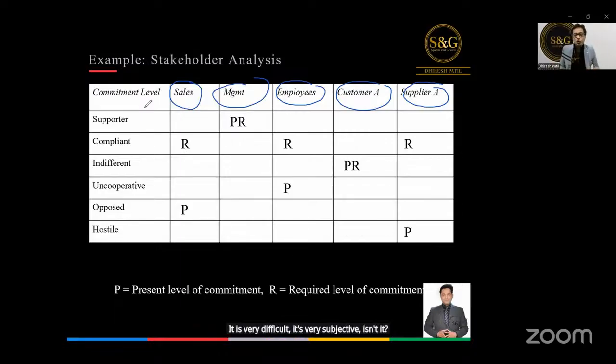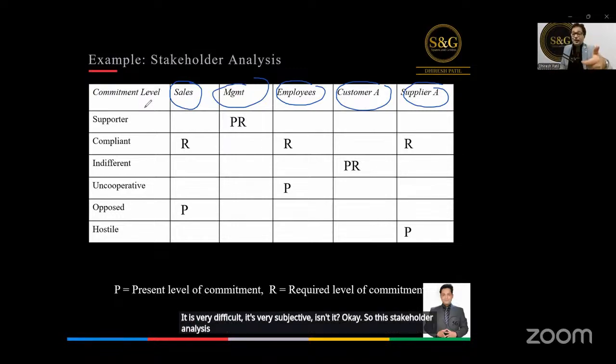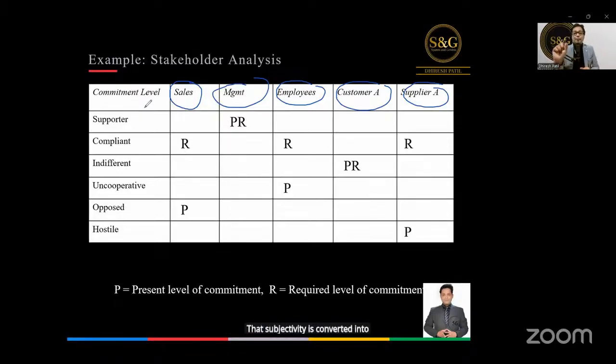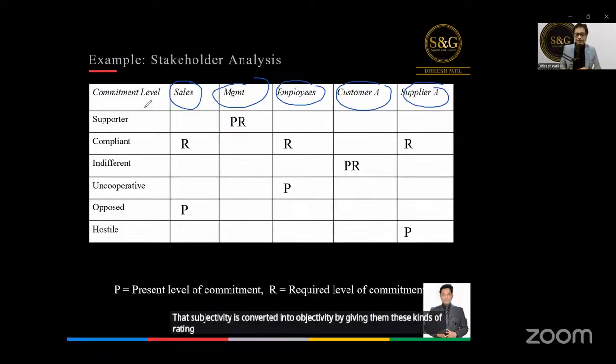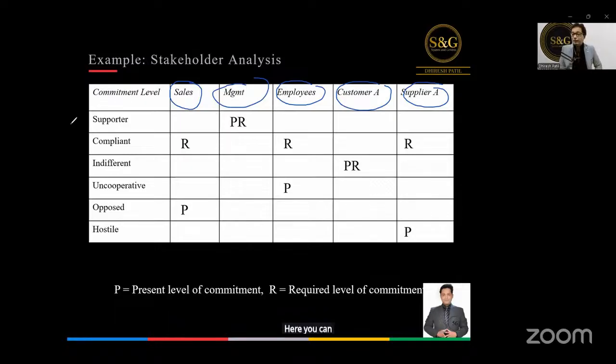Stakeholder analysis makes it objective. That subjectivity is converted into objectivity by giving them ratings. Here you can see we have ratings like supporter, compliant, indifferent, uncooperative, opposing, or hostile.